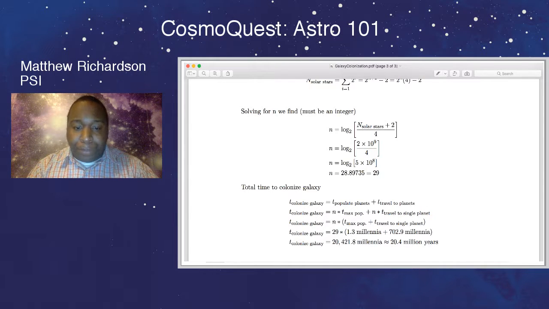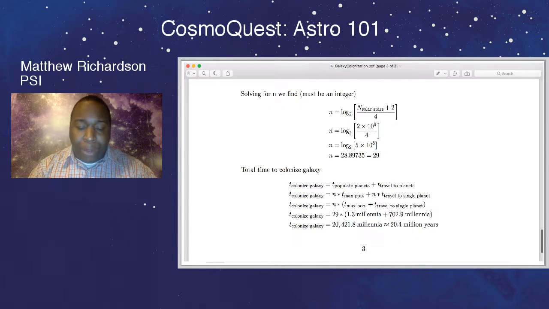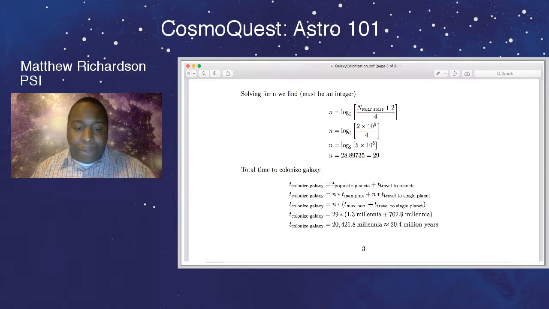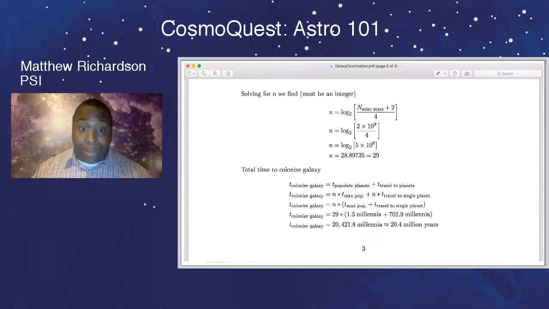So I basically went ahead and made the proper substitutions. In terms of calculating the total amount of time it takes to populate all planets, you take our value n that we just calculated and multiply it times the amount of time it takes to reach maximum population. And you do a very similar thing for traveling from planet to planet.